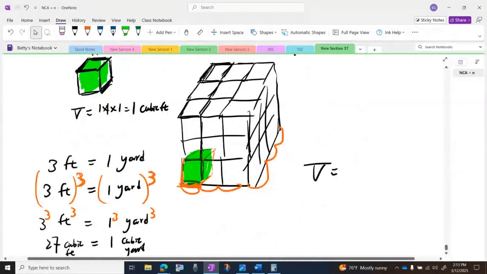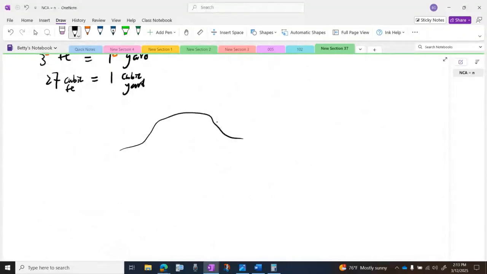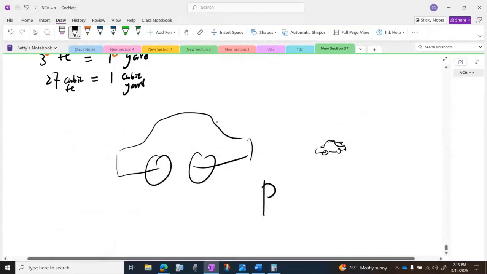Okay, so let's see. It's like when you have an actual Maserati and you want to make a model. The model is going to be a lot smaller, right? And you want to know how much paint you need.